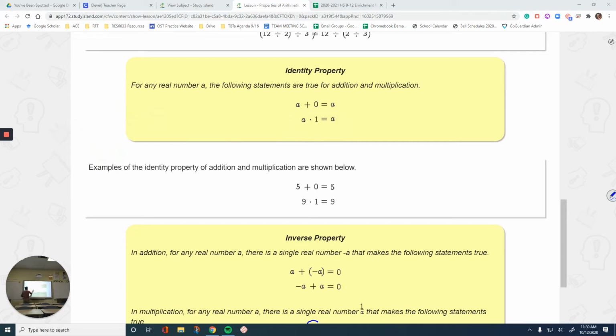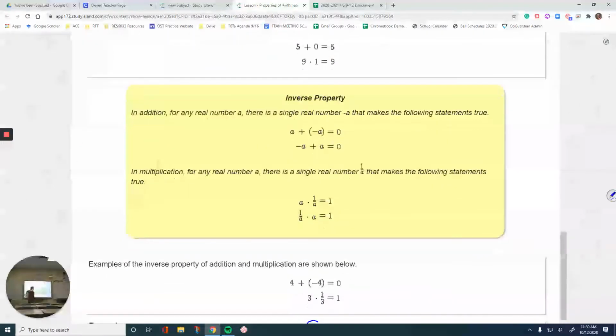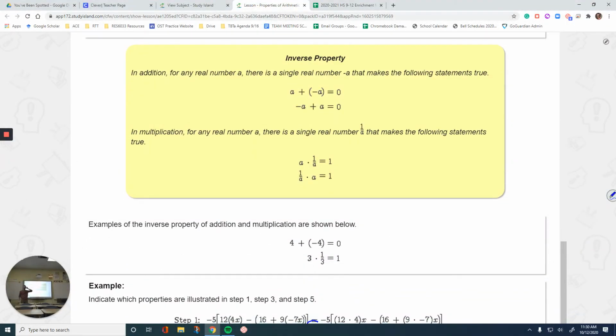And the last thing that we need to learn is inverse property. Inverse property is what do you need to do to cancel it out. Let's say we're talking about addition. We have 5, you want to cancel it out by doing addition. What do you need to add? It's -5. Let's say you have 3 and you want to cancel it out. How do you cancel it out? Don't you do -3?